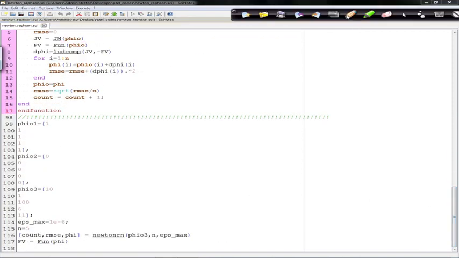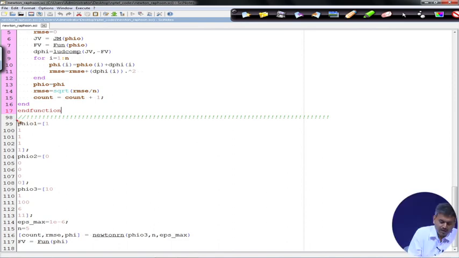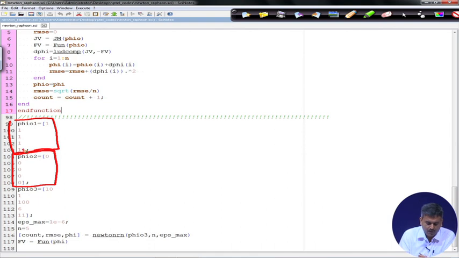We have three situations. Let us say phi O1, where we start all values from 1; phi O2, where we start all values from 0; and phi O3, which is arbitrary values, one value is 10, another is 1, 100, 6, 11, anything.